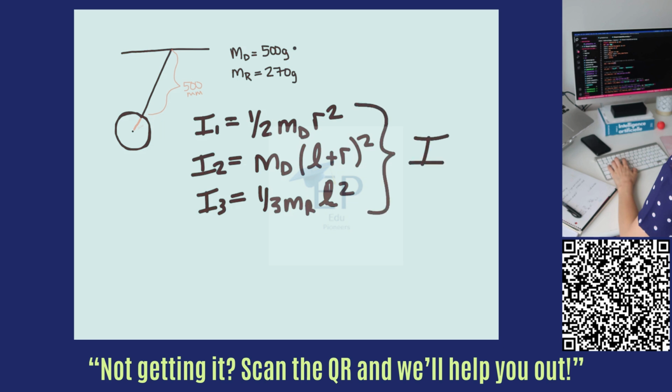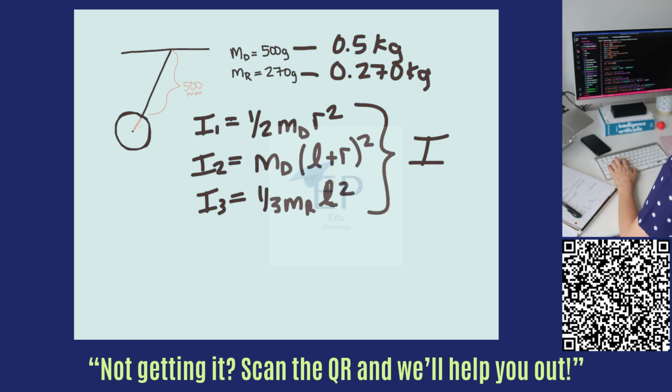But first we want to change our grams into kilograms. So we have 500 grams, which is 0.5 kilograms, and we have 270 grams, which is 0.270 kilograms. We also want to convert our distances.